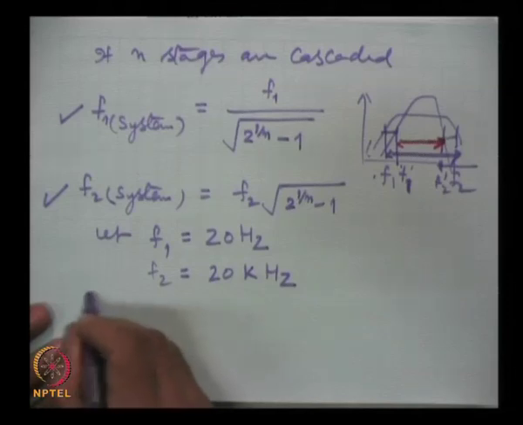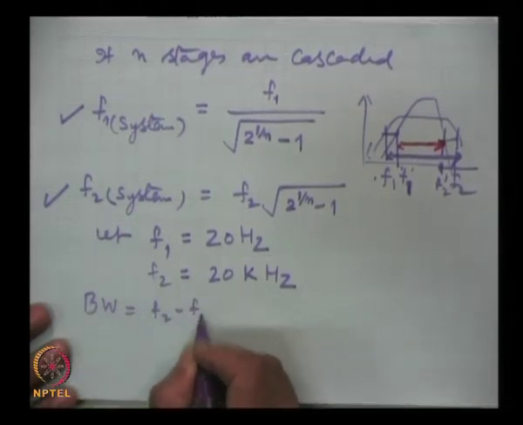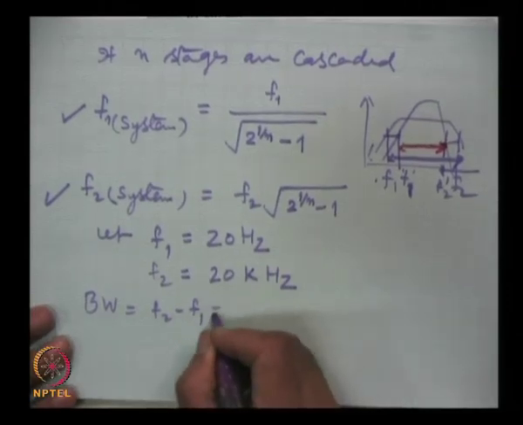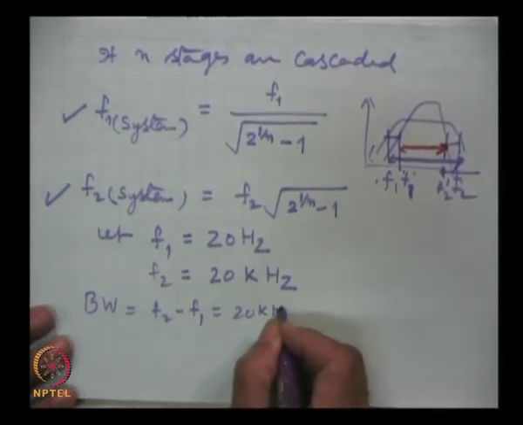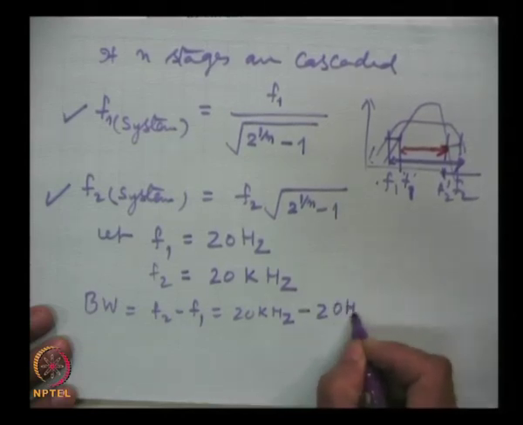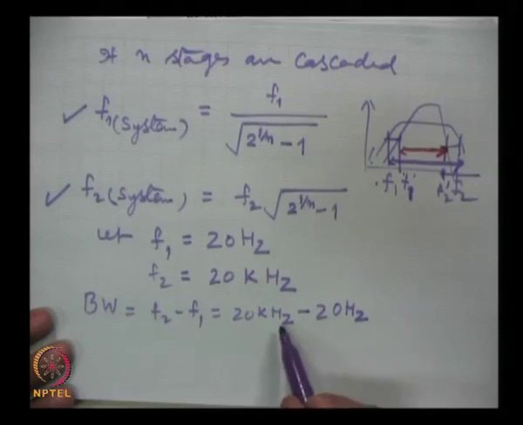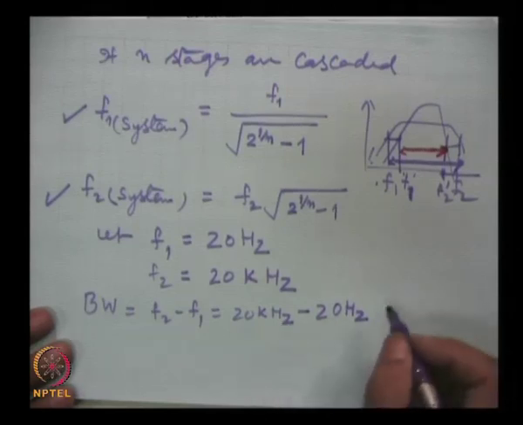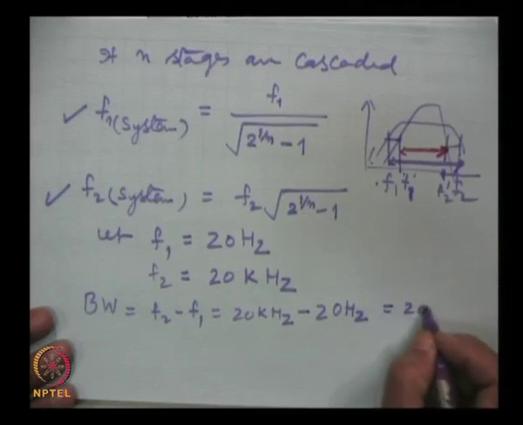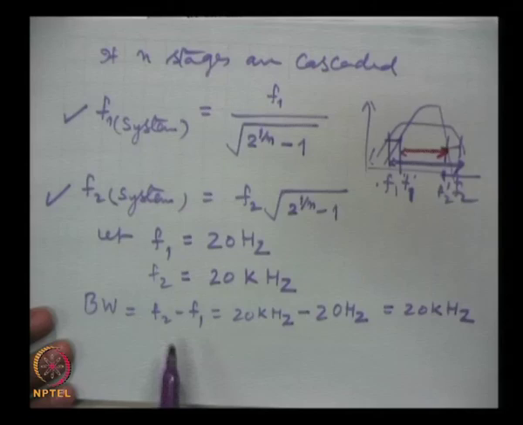The bandwidth is f2 minus f1, which is 20 kilohertz minus 20 hertz. 20 hertz is negligible in comparison to 20 kilohertz. So, this is simply 20 kilohertz. This is the bandwidth of the individual amplifier.